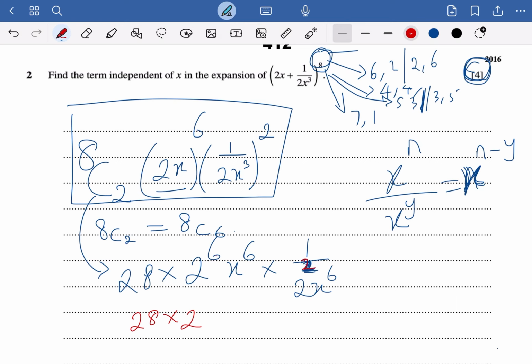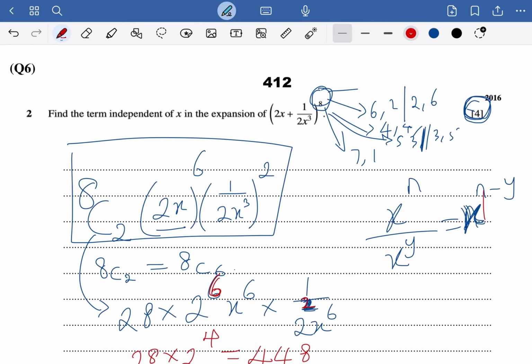So 2 to the power of 4. When you multiply it, you get 448. So this, I believe, should be the answer to this question. Okay, so this is one way we tackle these kinds of problems.